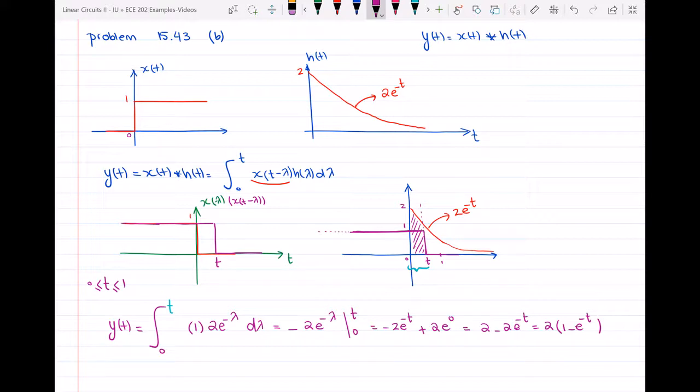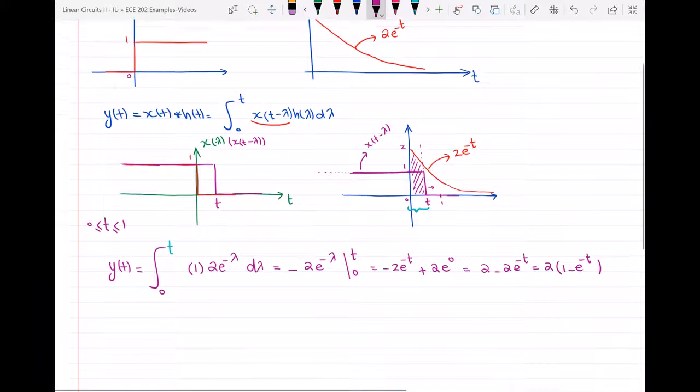So if I move x of t minus lambda to the right, I will always have the same overlap with that other function. The purple function will always be equal to 1. The red function will always be equal to 2e to the negative t. Okay?